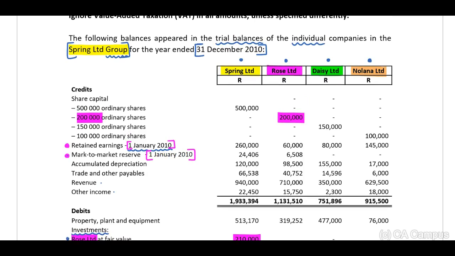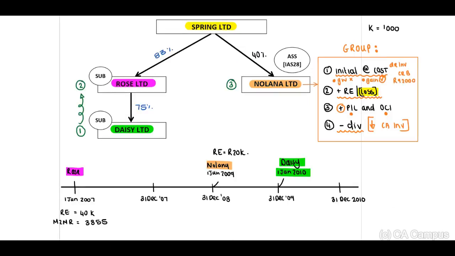When you look at our timeline, we've purchased Rose on 1 January 2007. They've provided us with the retained earnings and our mark-to-market reserve. We need to prepare the analysis of owner's equity for 31 December 2010. Therefore, we are able to identify that there will be 3 sections.